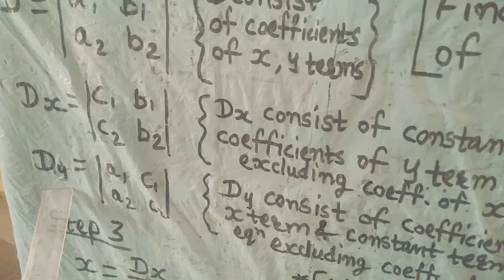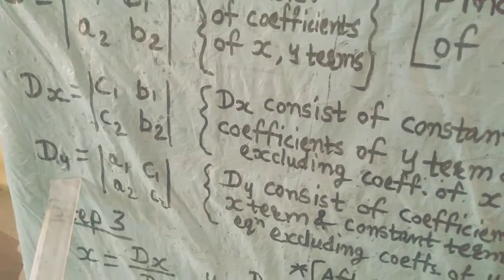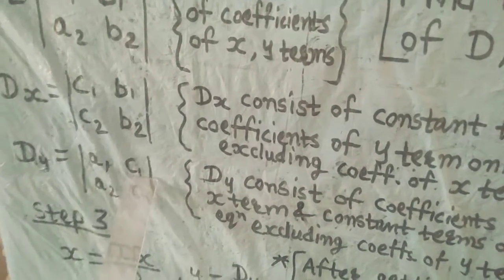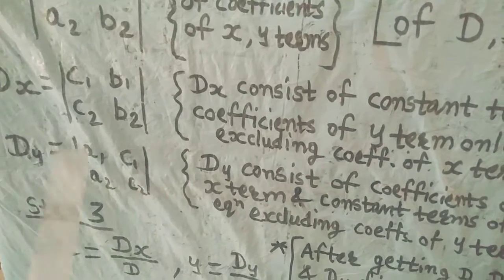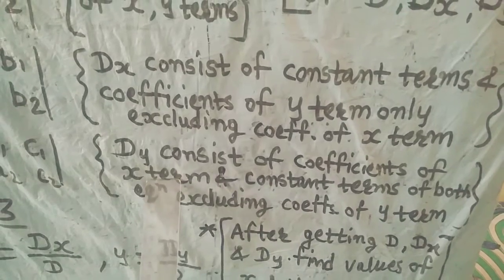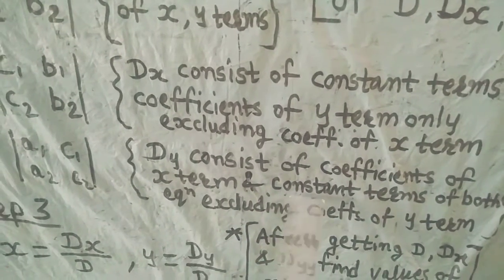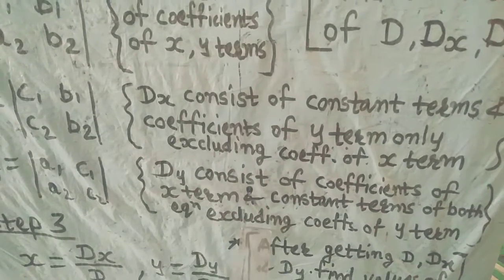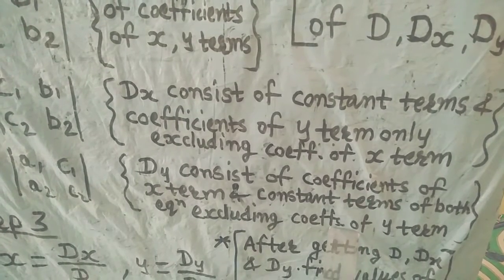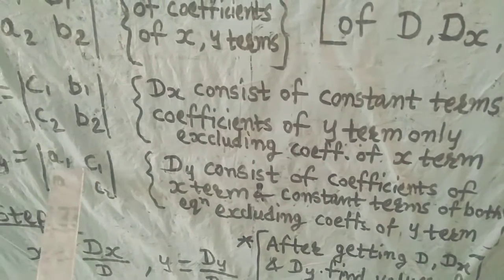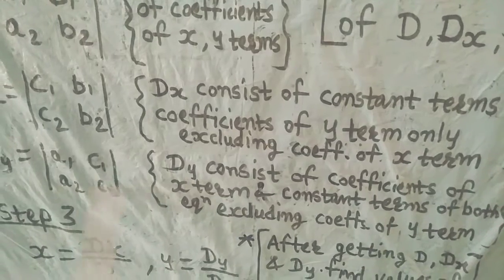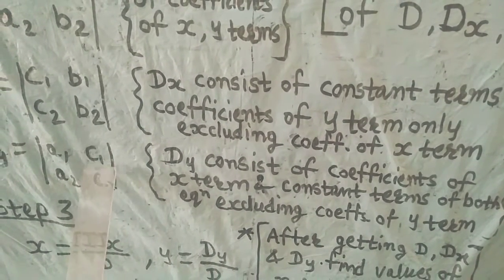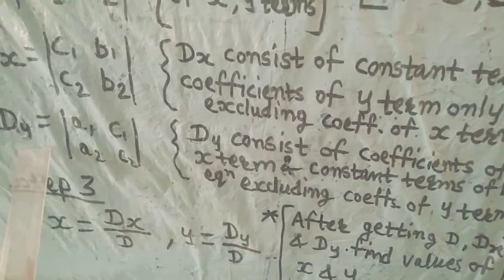So this is your Dy term. Dy is equal to a1, c1, a2, c2. So Dy consists of the coefficients of x and the constant terms of both equations, excluding the coefficients of y. So this is about Dy.